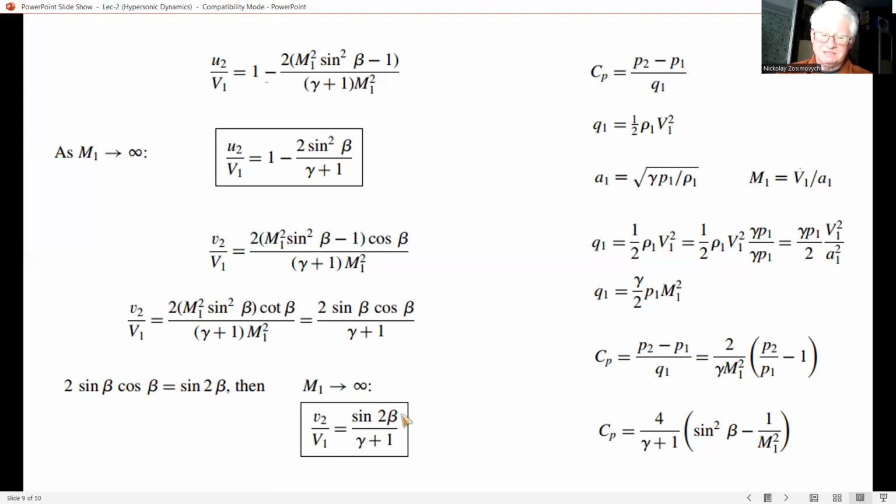In the preceding, the choice of velocity components parallel and perpendicular to the upstream flow direction, rather than to the shock wave, is intentional.